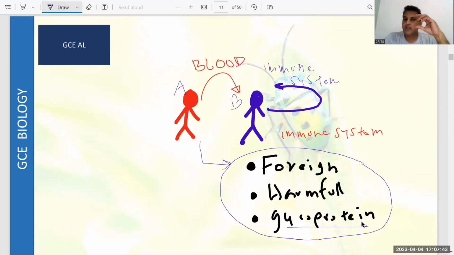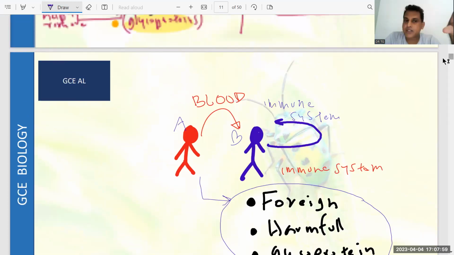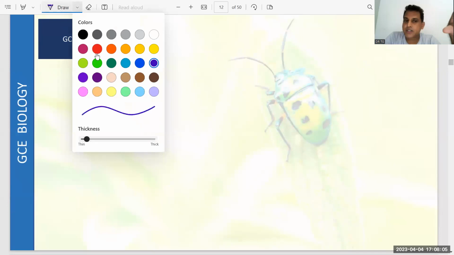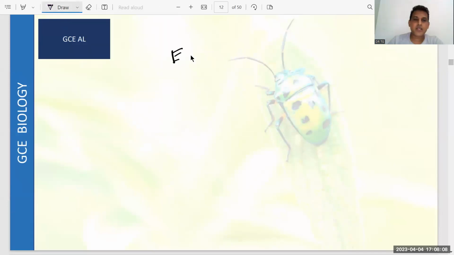The main player, the main molecules of blood, which is the foundation, comes from the red blood cell, or erythrocyte.